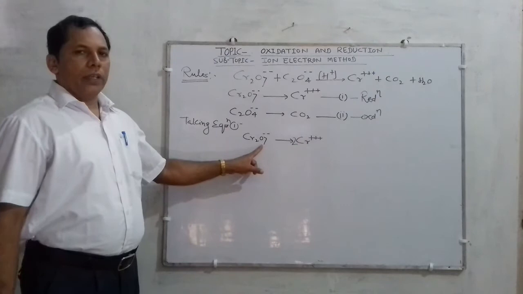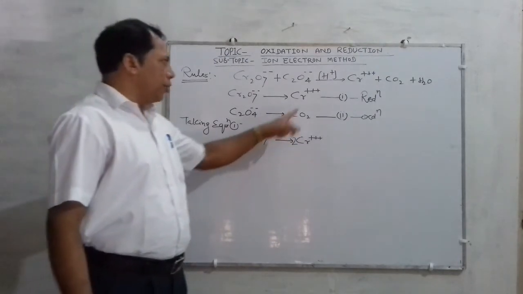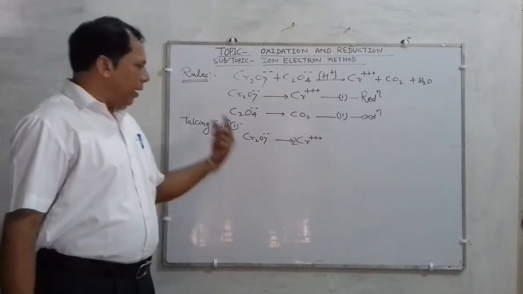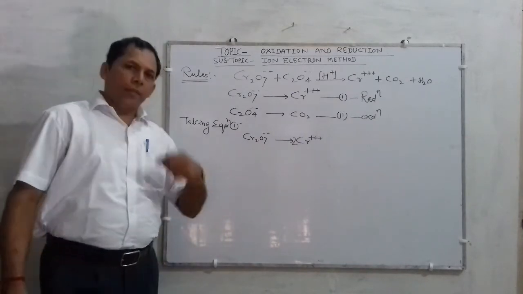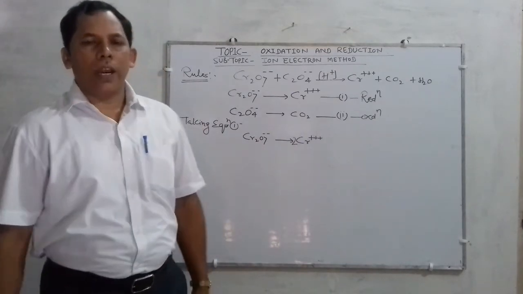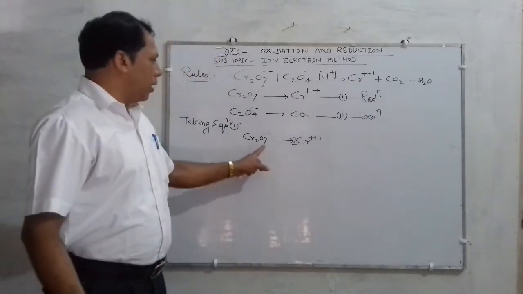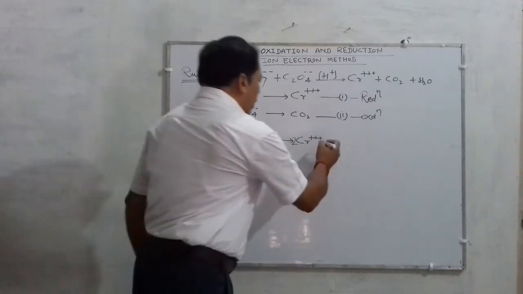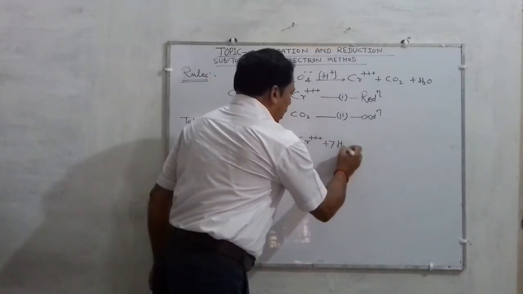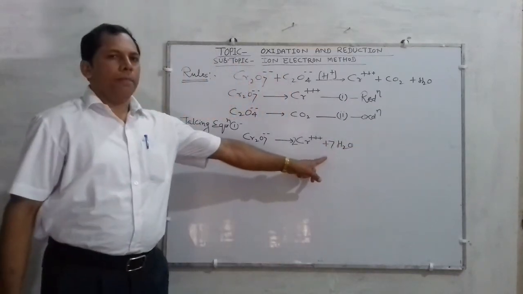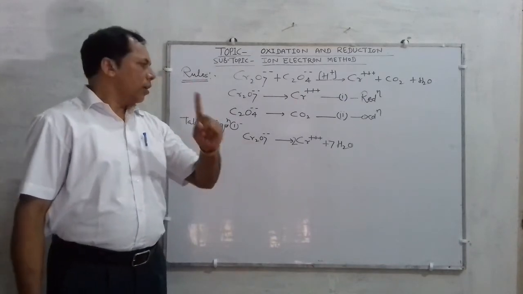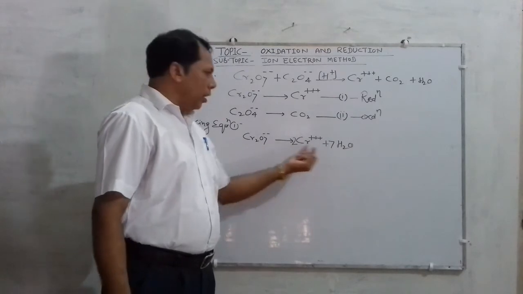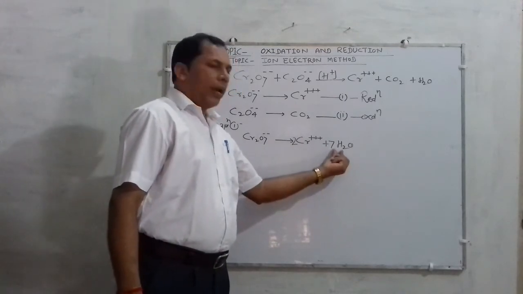Now come to the main point. There are 7 oxygen atoms and the reaction is taking place in acidic medium. As I told you, for balancing of oxygen atoms, the same number of water molecules is added on the reverse side. There are 7 oxygen on one side and none on the other, so 7 water molecules are added. Clear, children? Now, for balancing of oxygen, there become 14 hydrogen.